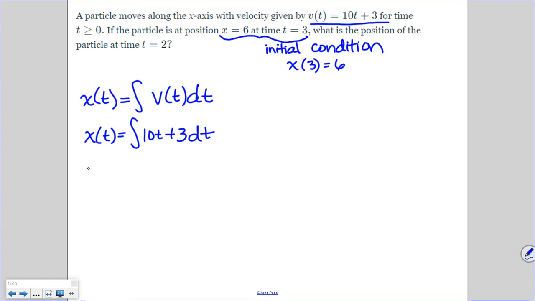I'll go ahead and find the antiderivative. Add 1 to the exponent, I get t squared, divide by 2, 5 t squared plus 3t plus a constant. And notice how I have t's here because of that with respect to t part. All right, so again, this is the general solution.